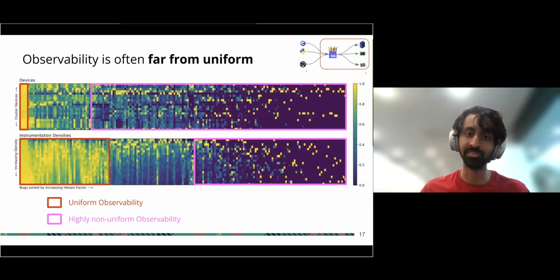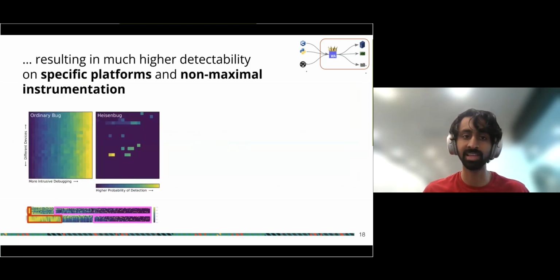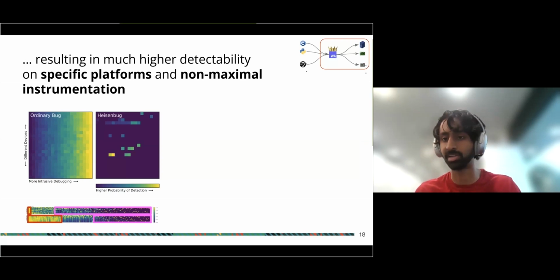A result of observability being so highly non-uniform is that your detectability can be much higher on a specific platform, even if you don't have maximal instrumentation. If we look at the two examples on the left, an ordinary bug is what most people would expect when they're modeling debuggers.